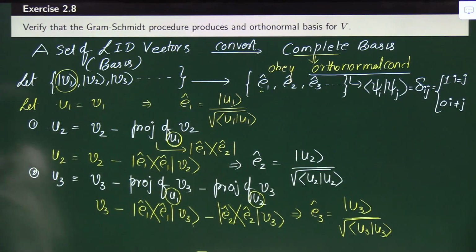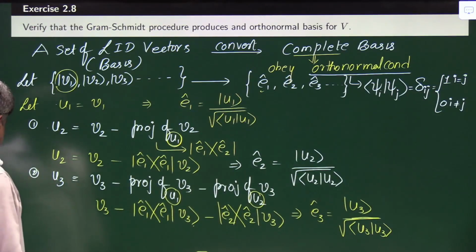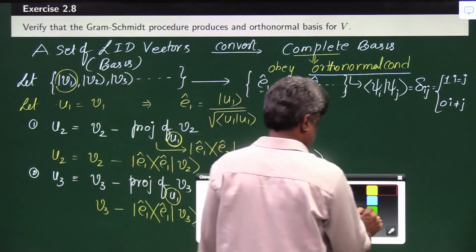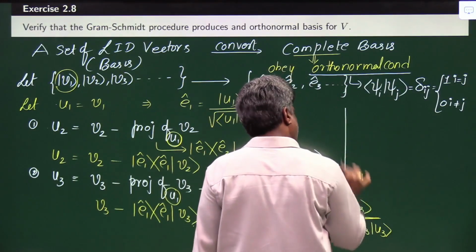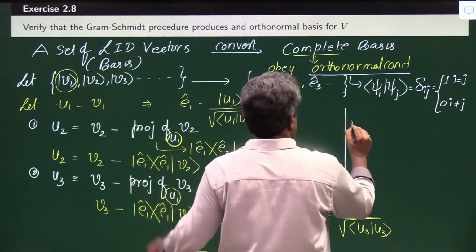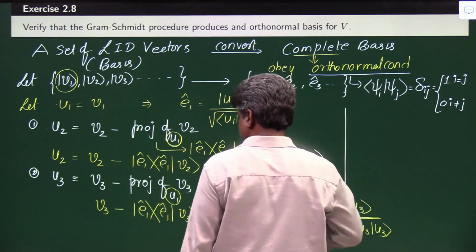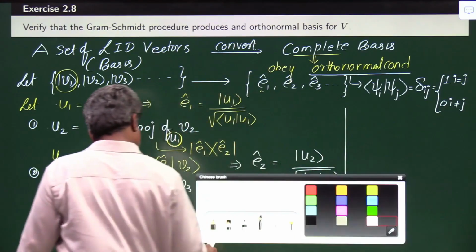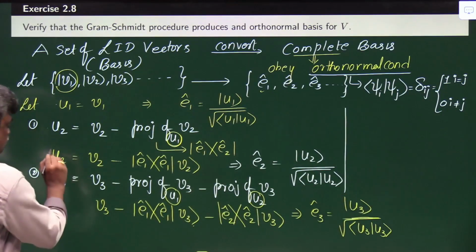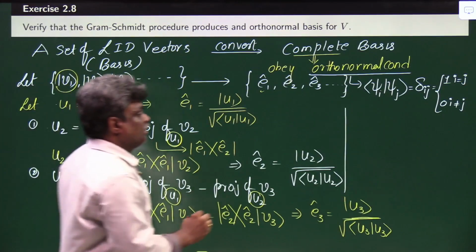So if you want to write more generally, you can write like this also. Let me write here itself. So let us find UK.